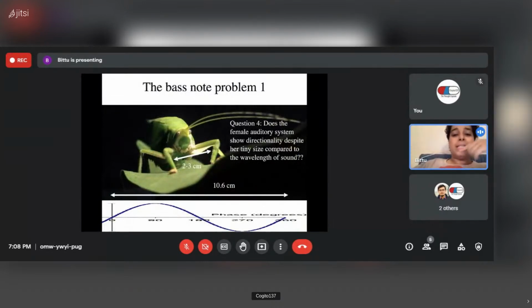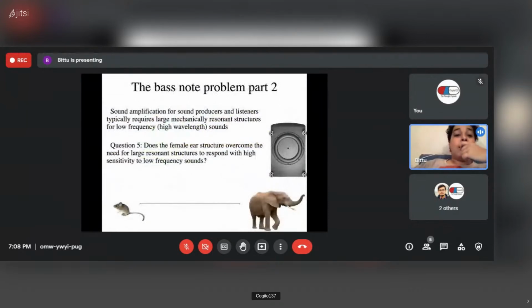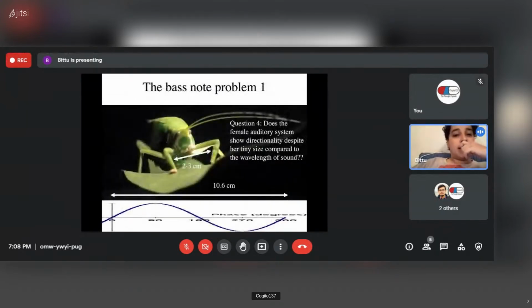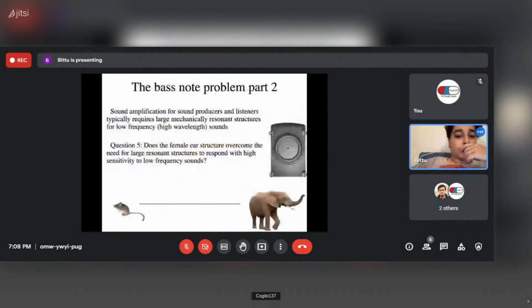And it's just too small a distance between those two ears for meaningful differences in sound loudness or sound phase to provide information to this animal as to where the source of the incoming call is. So we're very interested in how these animals are able to infer direction at such low frequency calls. And so, the question also is, of course, how are such low frequency sounds produced?